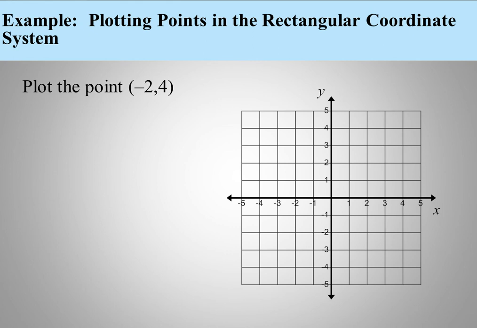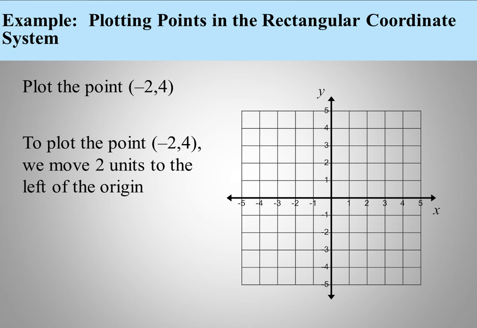If I'm trying to plot the point (-2, 4), I know that my x-coordinate is -2 and my y-coordinate is 4. So I'm going to go 2 units to the left and 4 units up. So let's see how to do that.